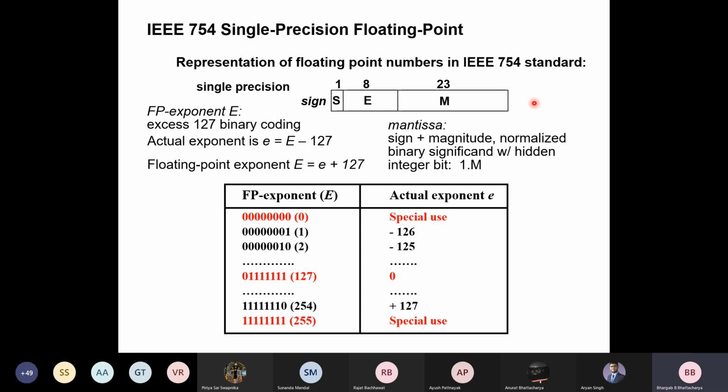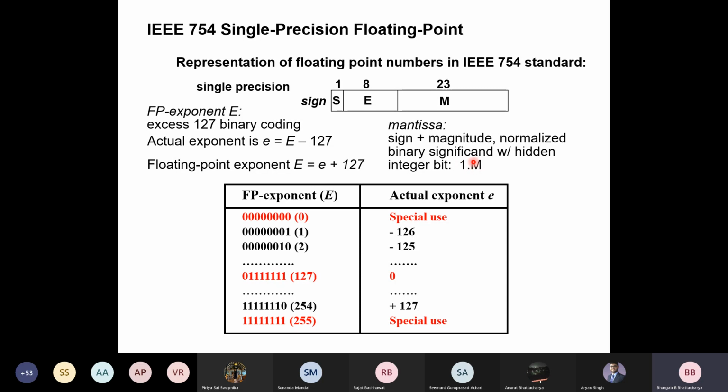So that the hidden bit is not restored by the system. So the special use exponent. That's the reason. First of all, you thought, let us hide this bit in order to save one bit, right? So that leads to a problem.